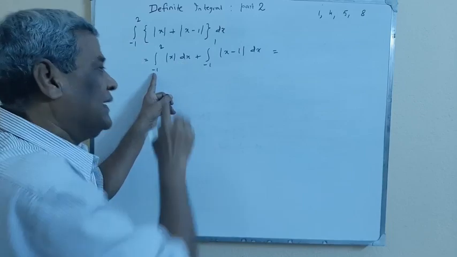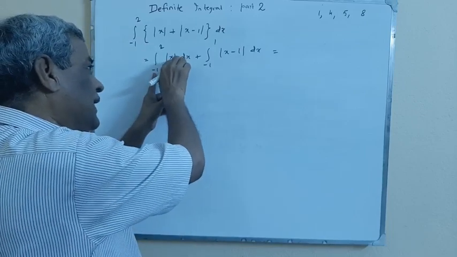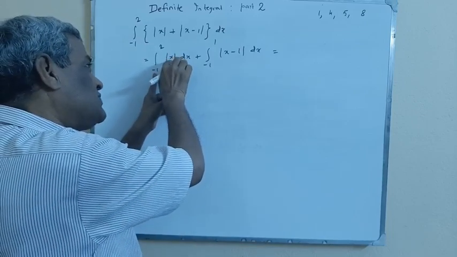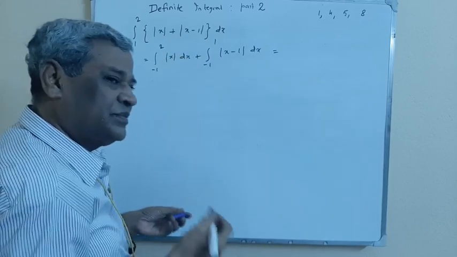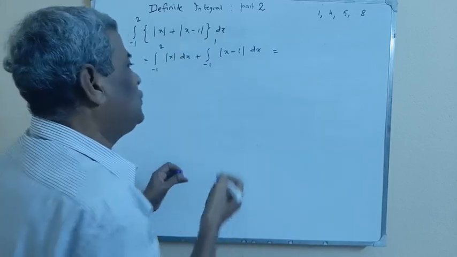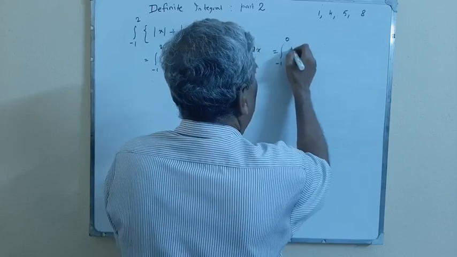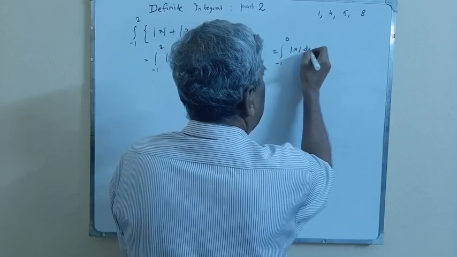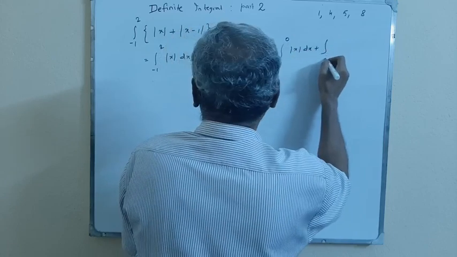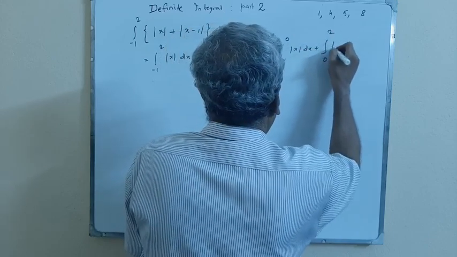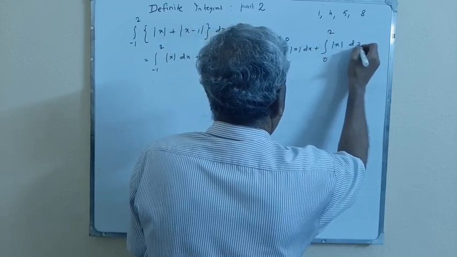From -1 to 0, it is negative, meaning the argument of the mod function is negative. So I break it into two parts: -1 to 0 mod x dx plus 0 to 2 mod x dx.